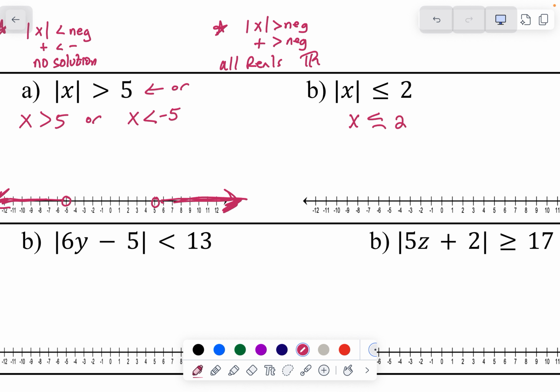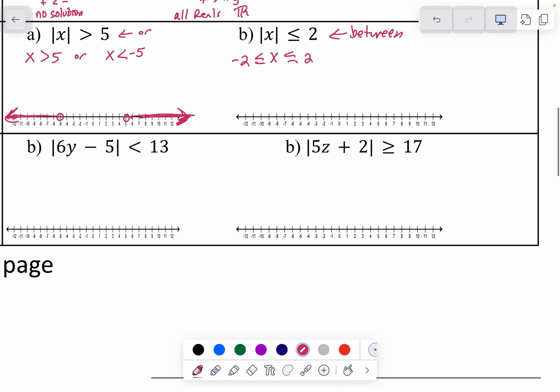It's going to become a between, and you just stick on the same exact symbol with a negative on the other side. Okay, so for an absolute value less than, we stick the negative version on the other side because it's an intersection between -2 and +2. So then we would go to the graph paper at -2, closed in dot, +2, closed in dot, shade in everything in between.